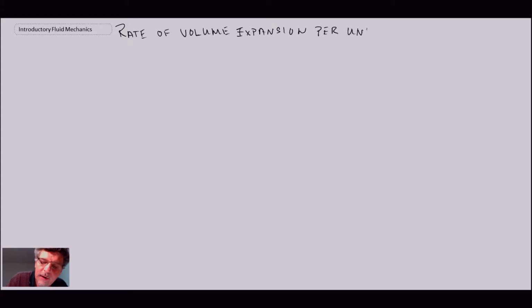Per unit initial volume. With this one, what we have is 1 over V, and quite often in fluid mechanics, you'll notice we use a V with a line through it to denote volume. That would be rate of volume change, expansion or contraction, with respect to time per unit initial volume.